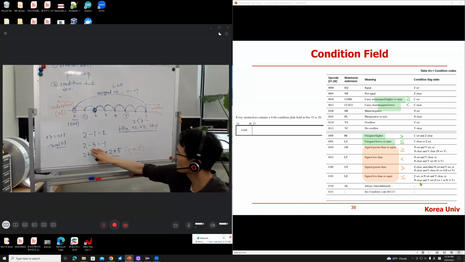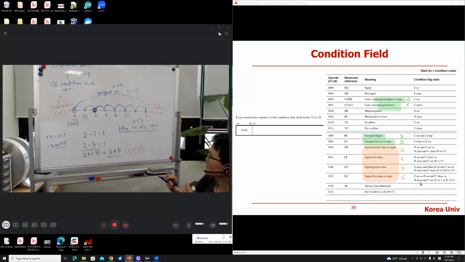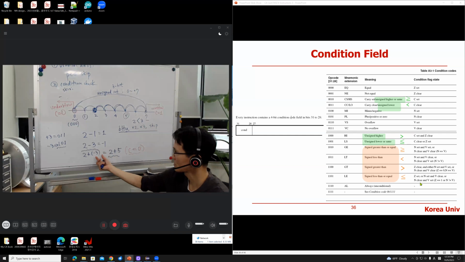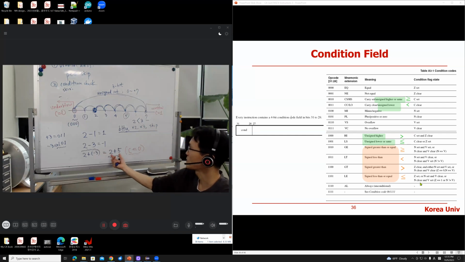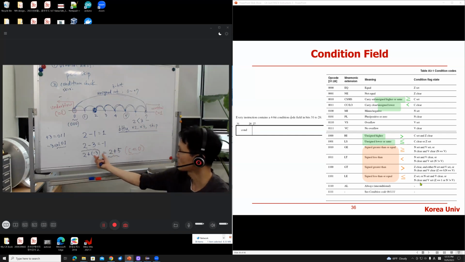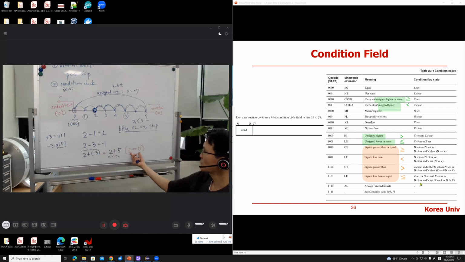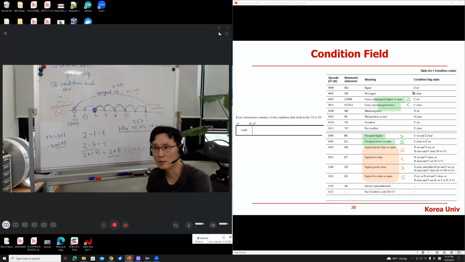So this operation is 2 minus 3, and the computer will use the 2's complement number system and do an addition operation for this subtraction. If the carry bit is set to 0, that means this condition is met: 2 is less than 3. So according to this table, if the carry bit is clear, carry bit is 0, then the condition is met.